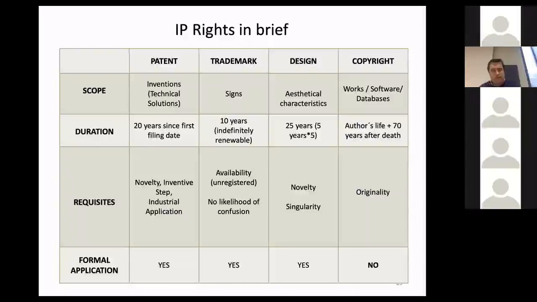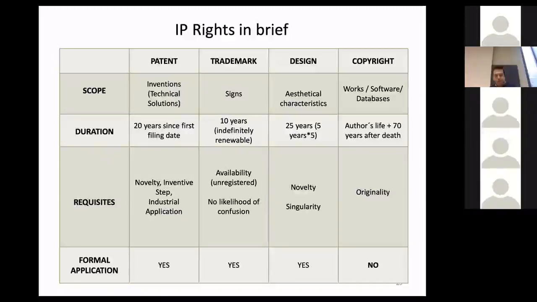So briefly, if we look at all of them, we see in this chart that we have different scopes of protection. We have different time spans linked with all these rights, as you see. The only IP right which is potentially eternal is the trademark, because as you see, in the majority of countries, it can be renewed every 10 years without any kind of limit.